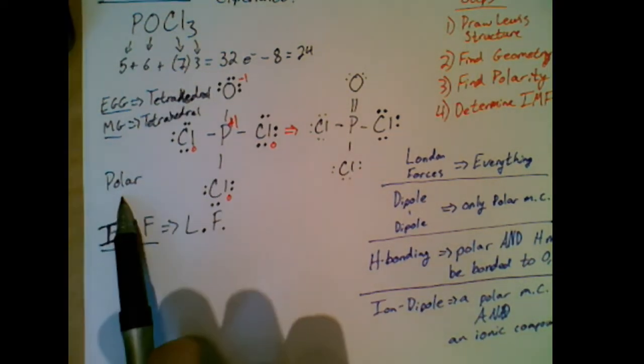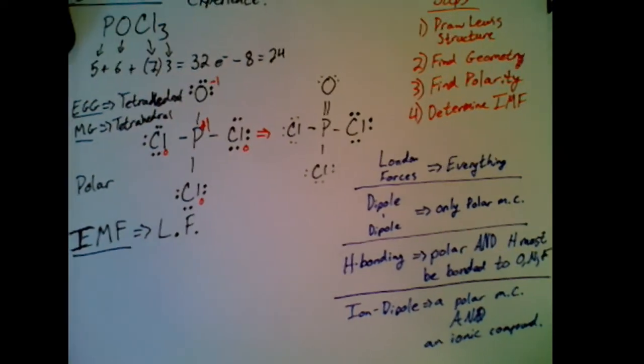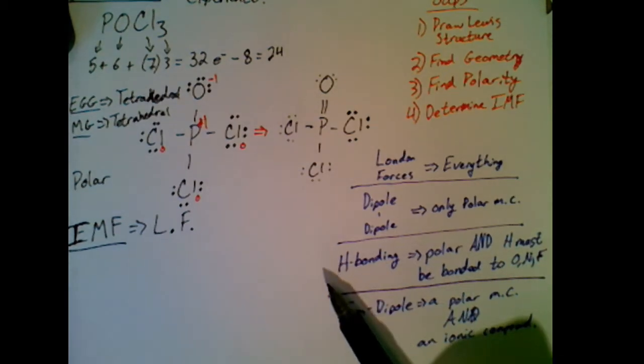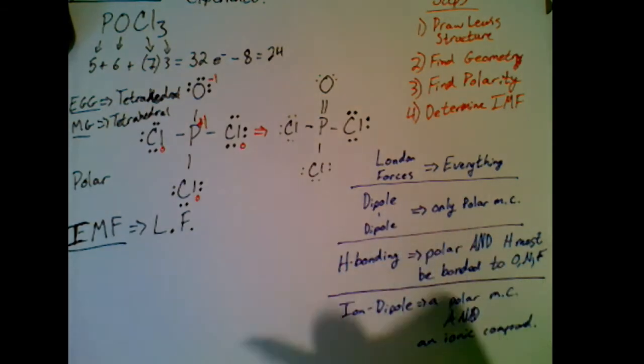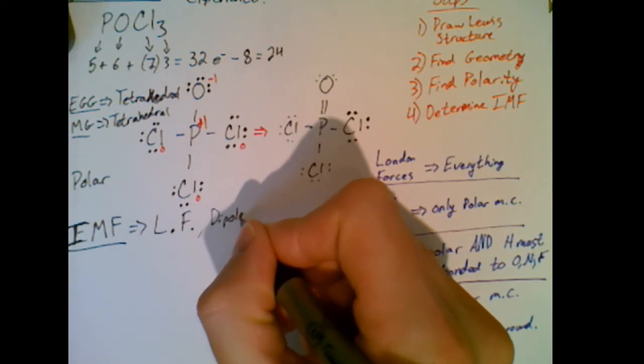But we also discovered it's polar because of the asymmetry in this molecule. It doesn't have hydrogen bonded to oxygen, nitrogen, or fluorine, so it doesn't have hydrogen bonding. But it is polar, which means it does have dipole-dipole.